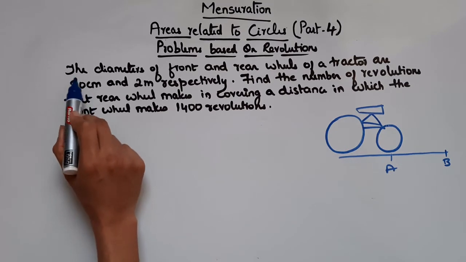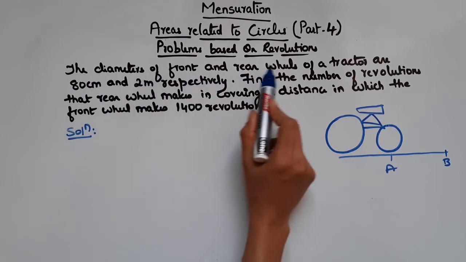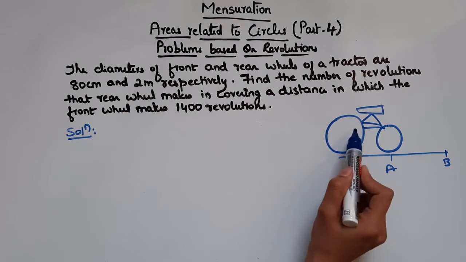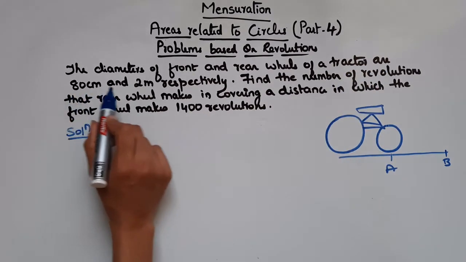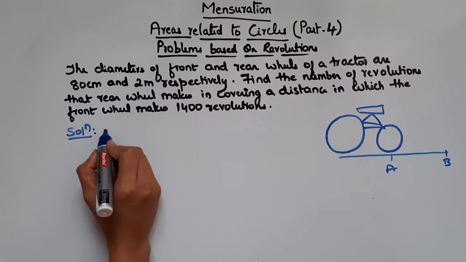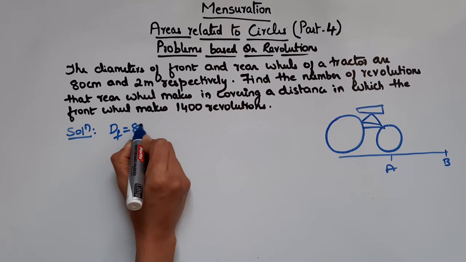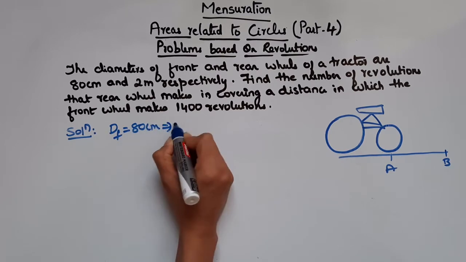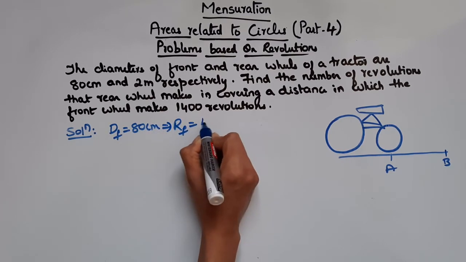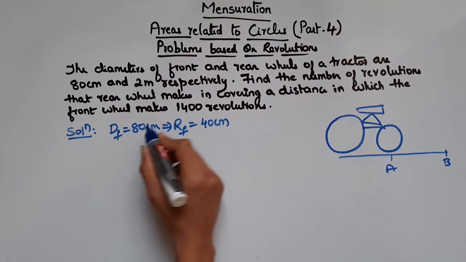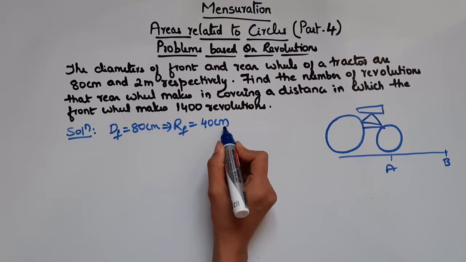So here it says the diameters of front and rear wheels. Rear wheel is nothing but the back wheel of a tractor, are 80 cm and 2 meter respectively. So the front wheel is 80 cm. Diameter of the front wheel is 80 cm. So this implies the radius of the front wheel will be 40 cm, that is 80 cm by 2, that will give you 40 cm.